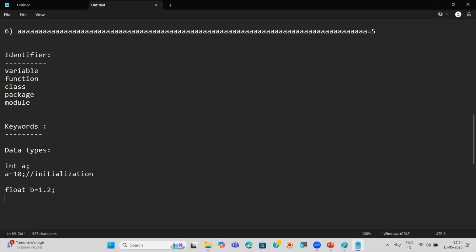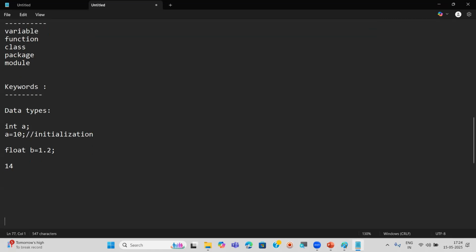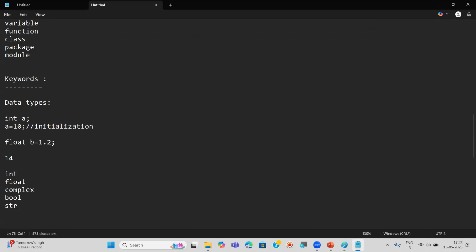Now, in Python in total we have 14 data types. How many? 14 data types. They are int, float, complex, bool, string. I discussed literals just now, 5 types. For the 5 types of literals, we have data types like this.